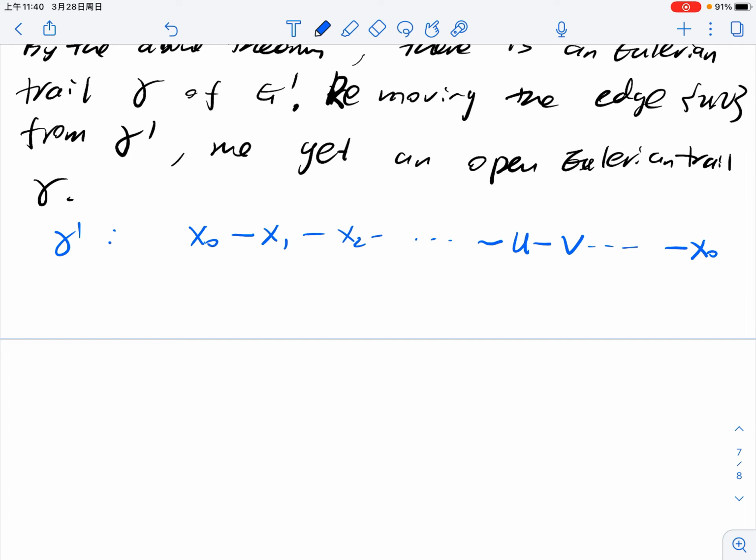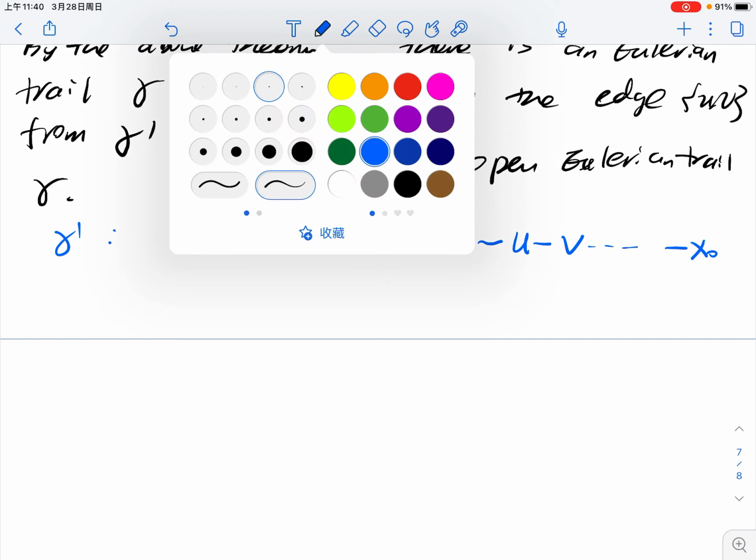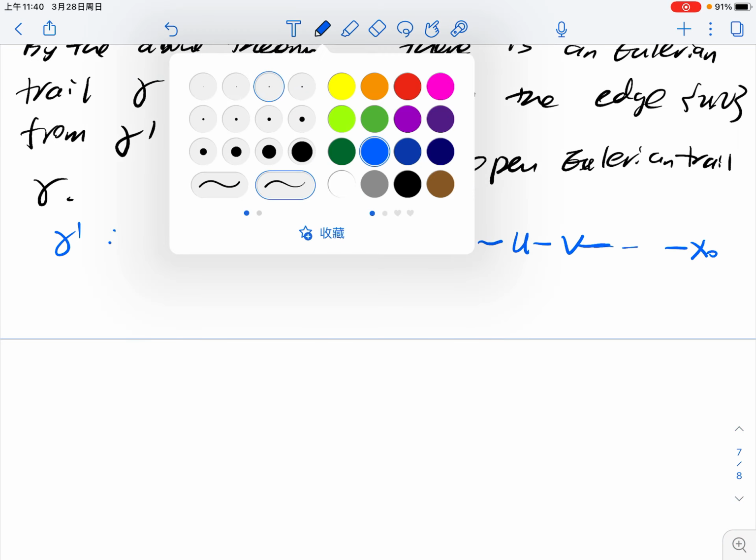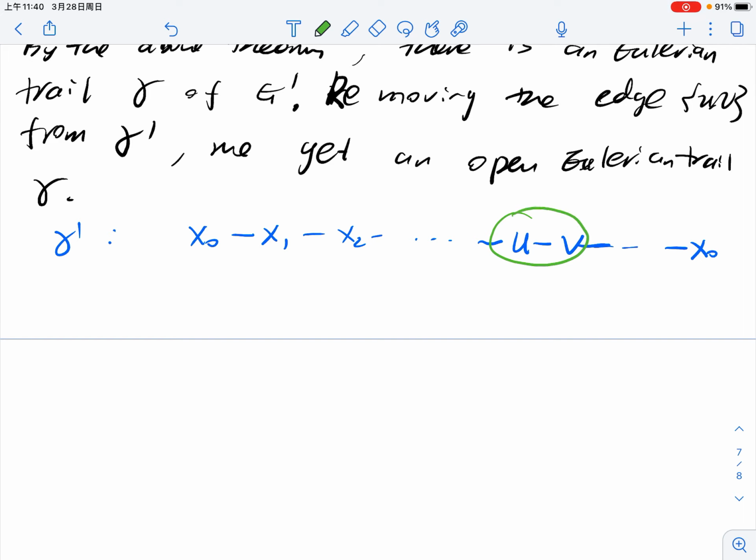Okay, and then you are going to remove this part. But if you remove in this way, then you just broke the gamma into two pieces formally.